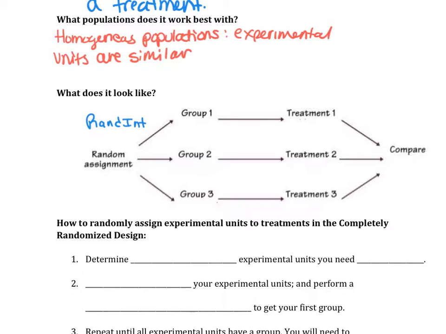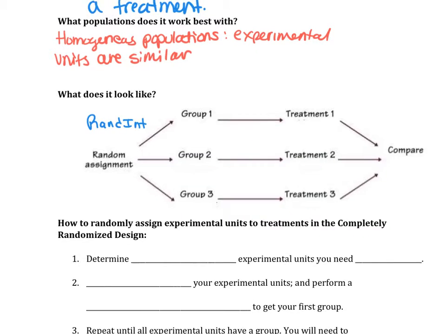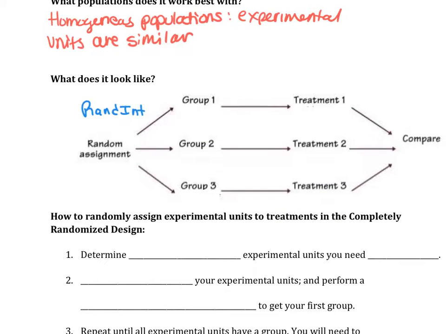There's kind of 2 ways you can go. Actually, we'll talk about that in a minute, how to do that. But you randomly assign them into groups, and then each group will get a different treatment, and then you compare the results of those different groups from those different treatments at the end. So randomly assigned to groups, each group gets one treatment, and then you compare.